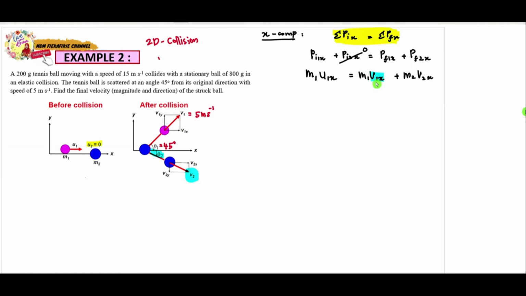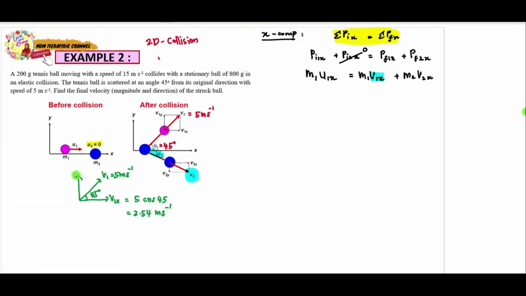Okay, so since V1 kita tahu nilai dia 5 meter per second at angle of 45 degree, so kita boleh resolve V1. Okay, saya resolve dekat bawah ni ya. So kita ada V1 equal to 5 meter per second. So I want to resolve into V1X. So this is 45 degree. So V1X should be 5 cos 45. So bila awak kira, you akan dapat 3.54 meter per second.